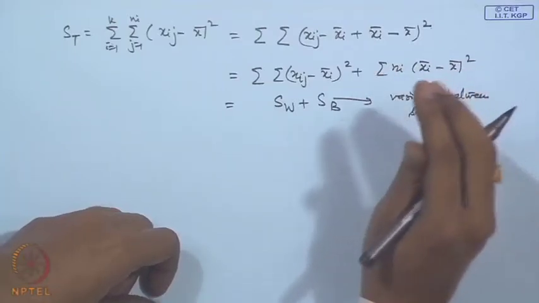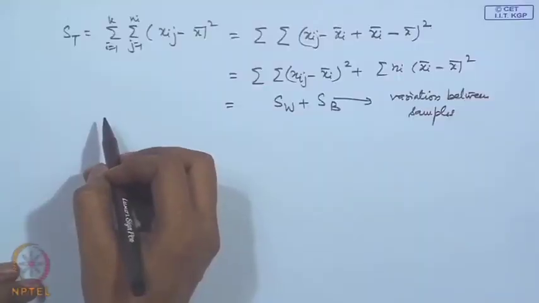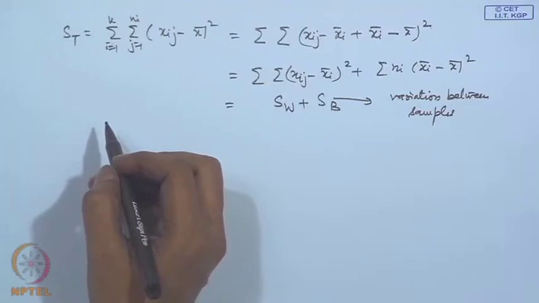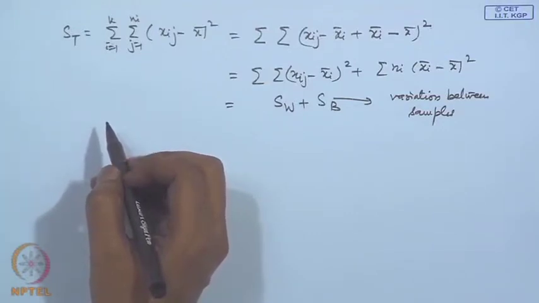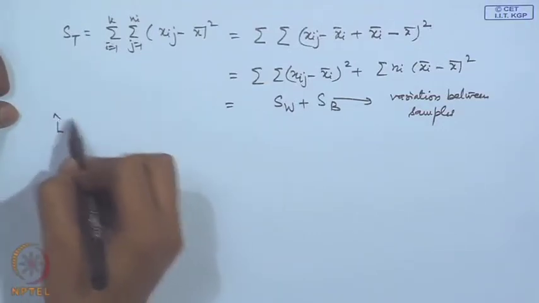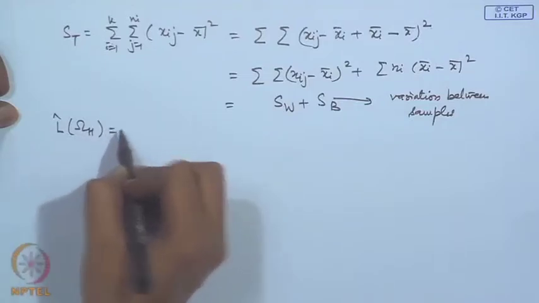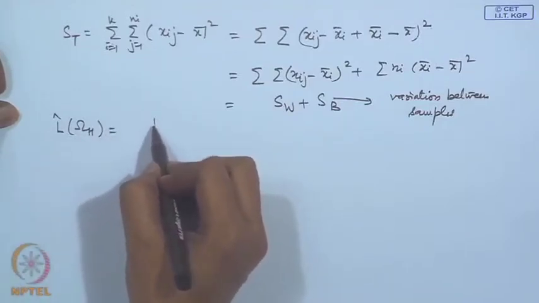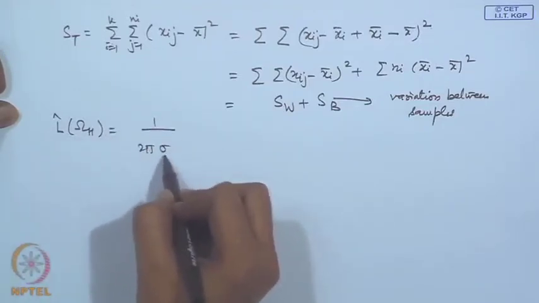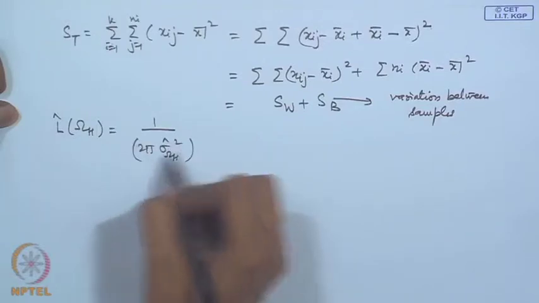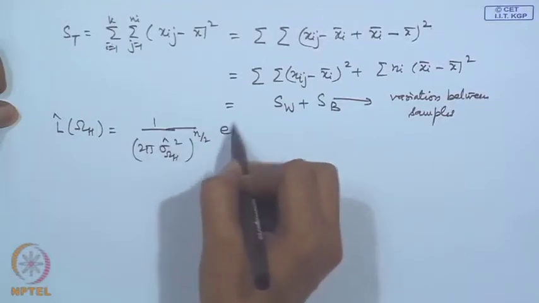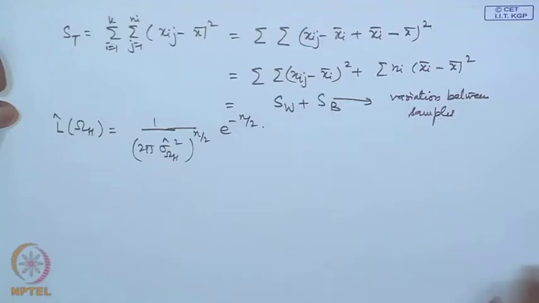So, this is actually how much variation is there between the different samples. So, now we can utilize this and write down the form of L hat omega_H. That turns out to be simply (1 by 2 pi) to the power n by 2 e to the power minus n by 2.